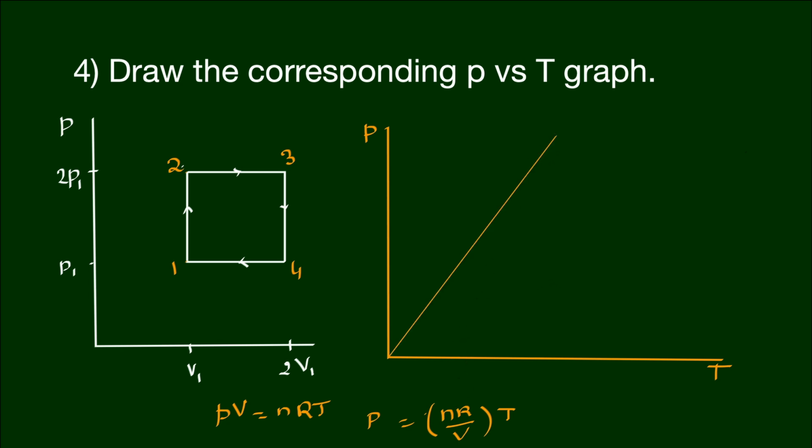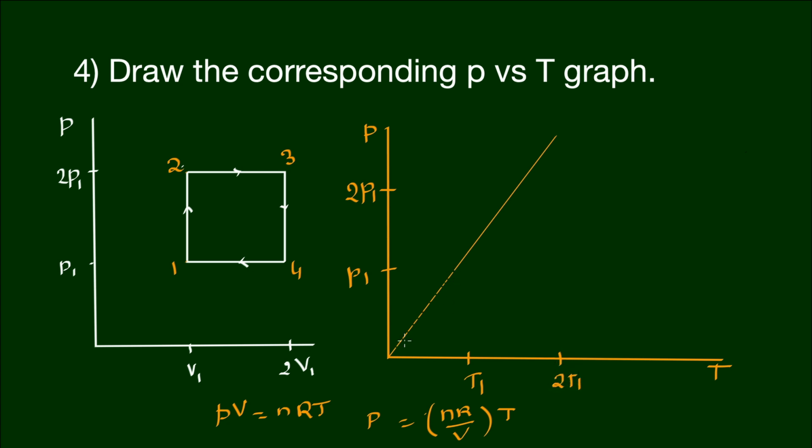Now let's see. We went from P1, V1, T1. So let's say this is P1 and this corresponding point is T1. Now the pressure doubles. So the pressure goes to 2P1, right? At constant volume. When the pressure doubles, the temperature doubles. So we draw this line up to 2T1.